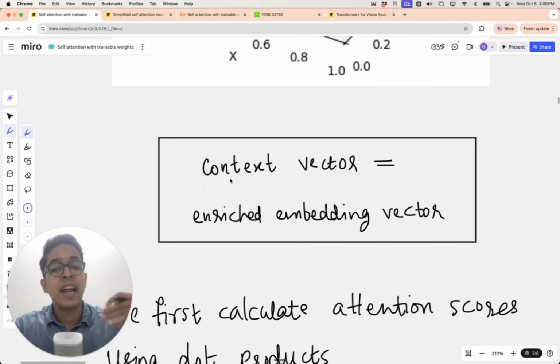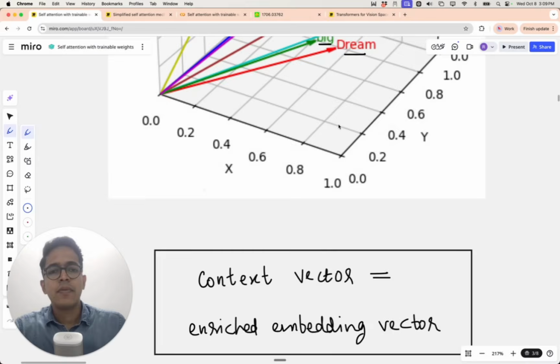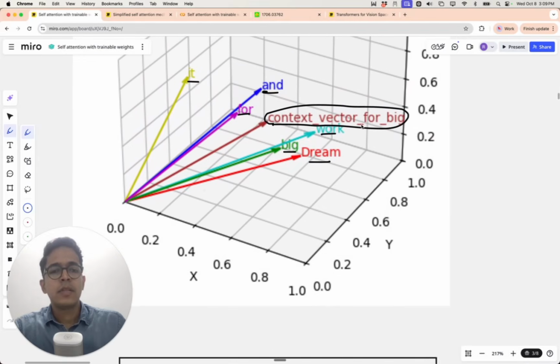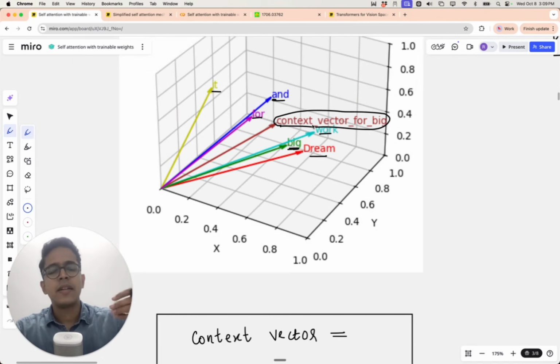So it's much more enriched. The context vector for big is much more useful to the large language model than just the input embedding for big, because the context vector for big is also taking into consideration the fact that there are other words in the sequence. There are these remaining 5 words also in the sequence. So this is why the context vector is much more information rich, or context rich.